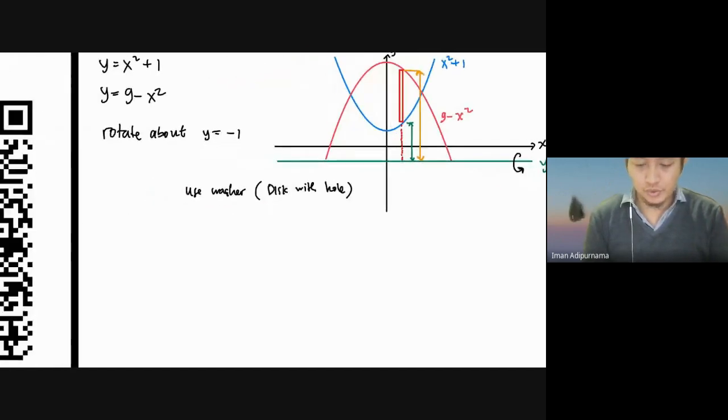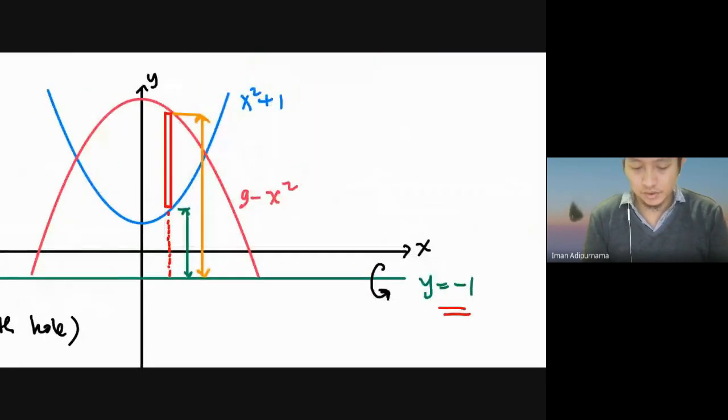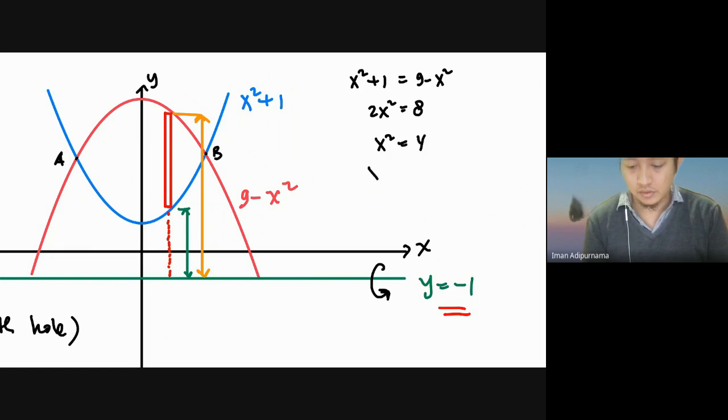Before we calculate the volume, we need to find the points A and B. We may find them through the equations. So we can have x is -2 and 2.